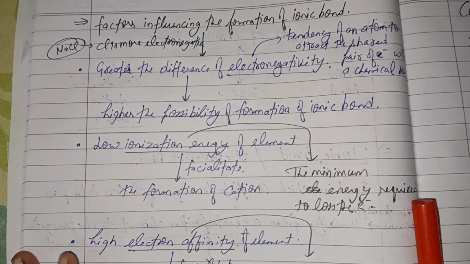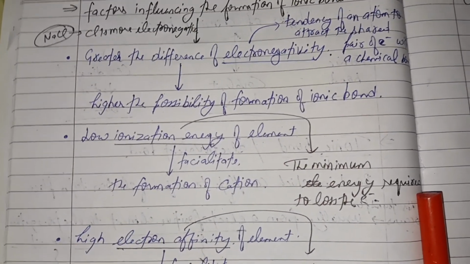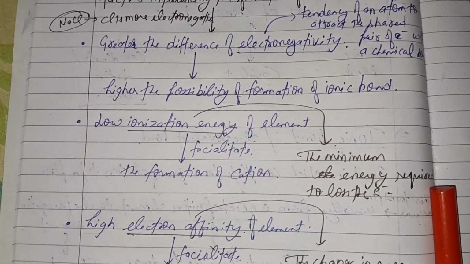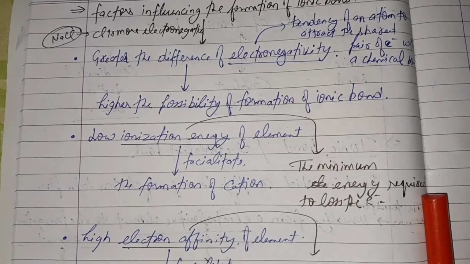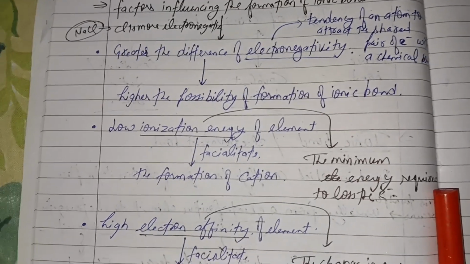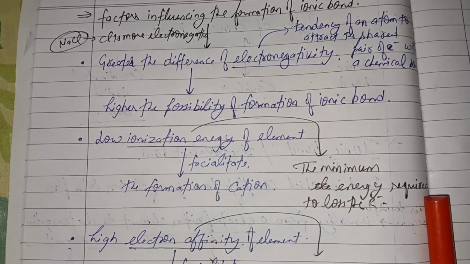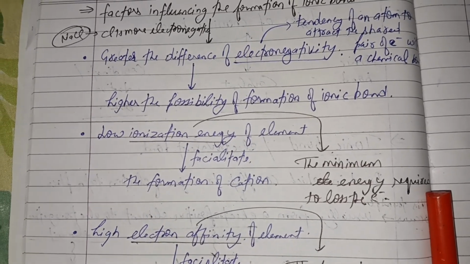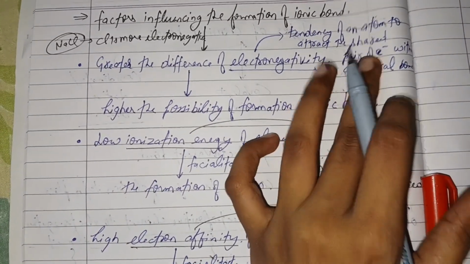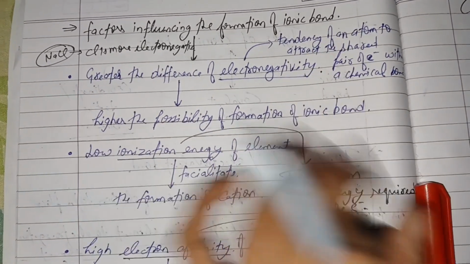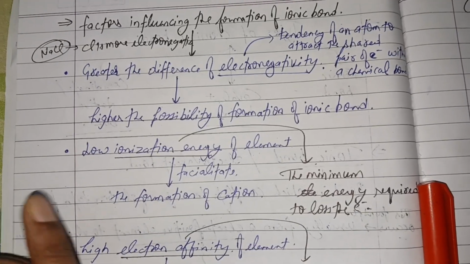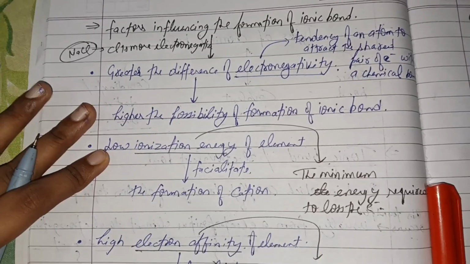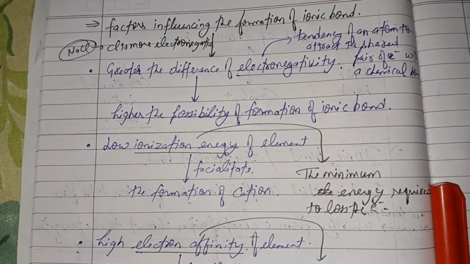And the definition, if you want it: electronegativity is the tendency of an element to attract the shared pair of electrons within a chemical bond, or we can say it is the tendency or the desire of an atom to attract the electron. This definition is written with the covalent bond in mind, and it is accurate, but the one which I said is easier to understand.